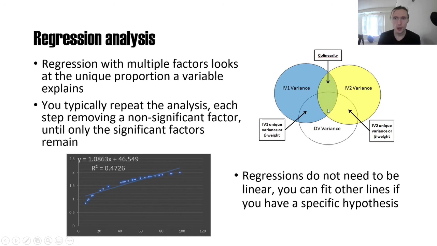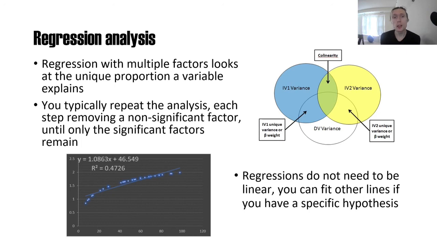And of course, that is not something you want in your statistical analysis, because then you would use that area twice, which means that your explained variance would go above 100%, which is obviously not possible.